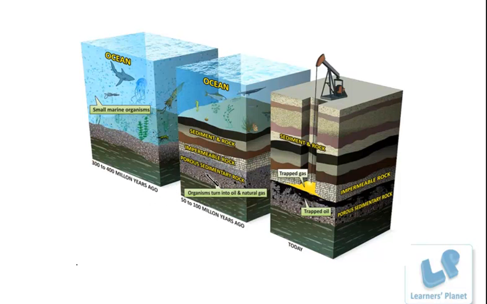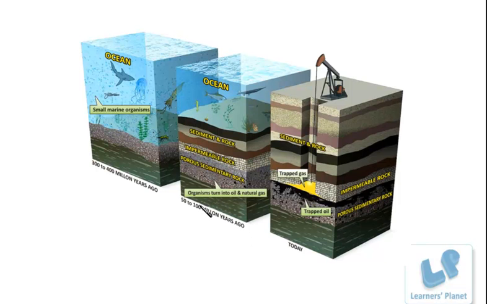Then what happened? See, there were sediments of rocks, the porous sediments, then the impermeable rock, the sedimented rock. Over time, it got covered with the porous sediments of rocks. This is some 50 to 100 million years ago.